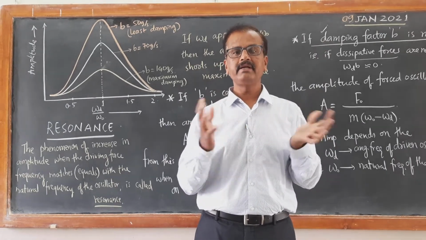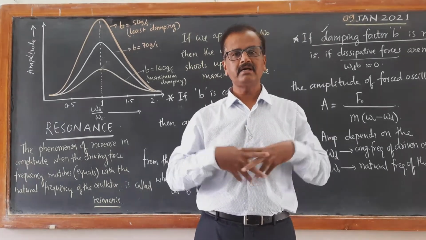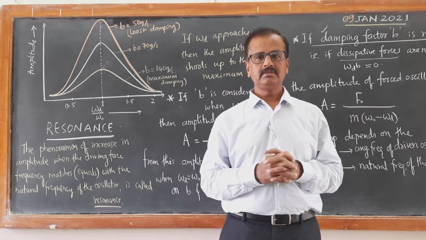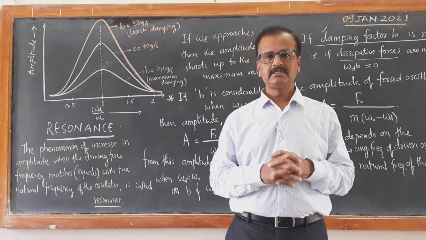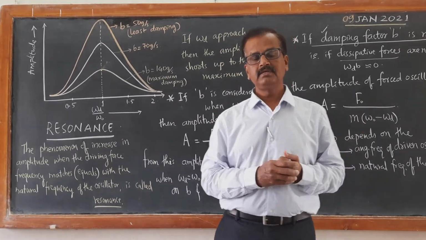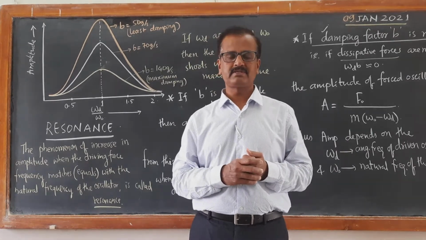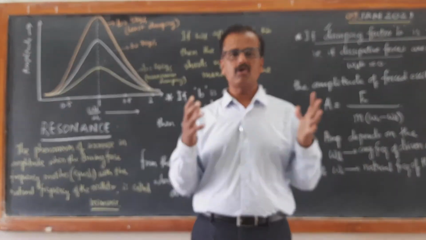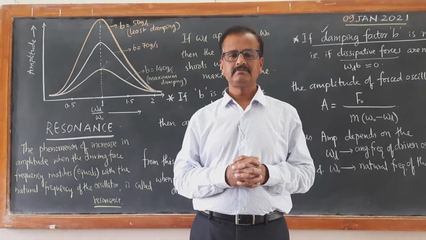So it will be very, very dangerous. The entire troop may be thrown off if it is a hanging bridge. Similarly, you can quote the example of the seismic waves which cause earthquakes.